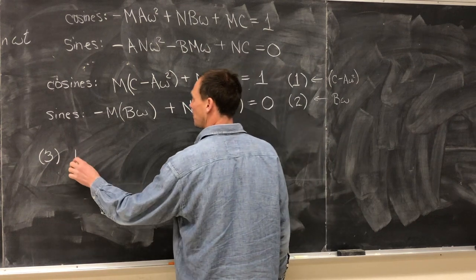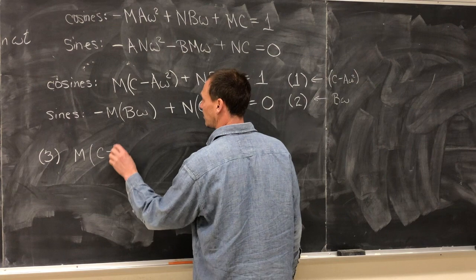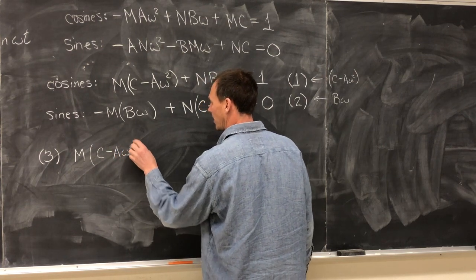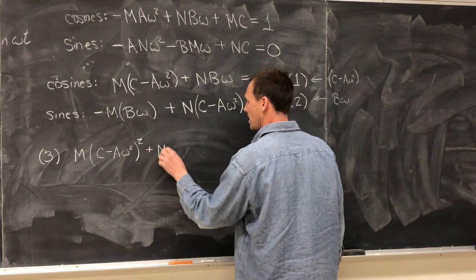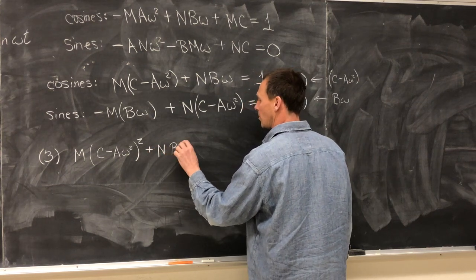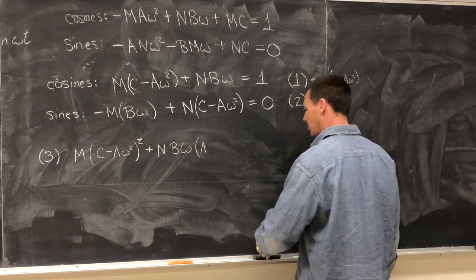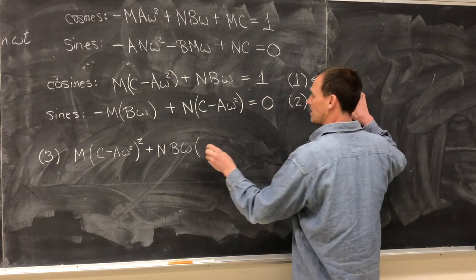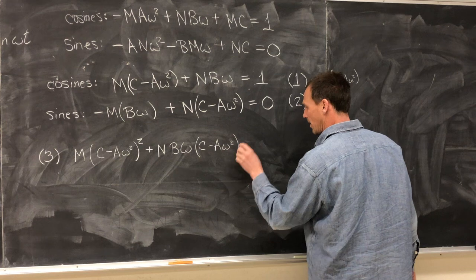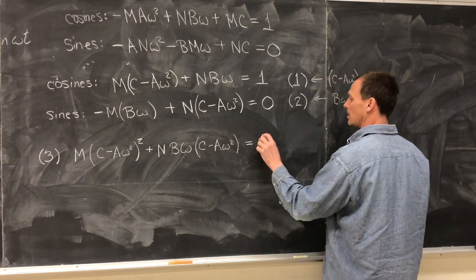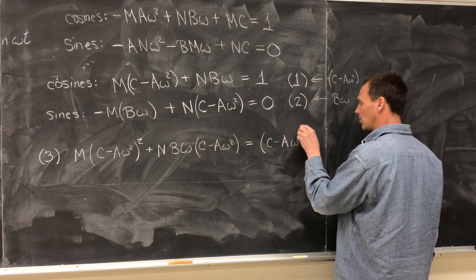So I'm going to have m times c minus a omega squared plus n times b omega times c minus a omega squared is equal to c minus a omega squared.